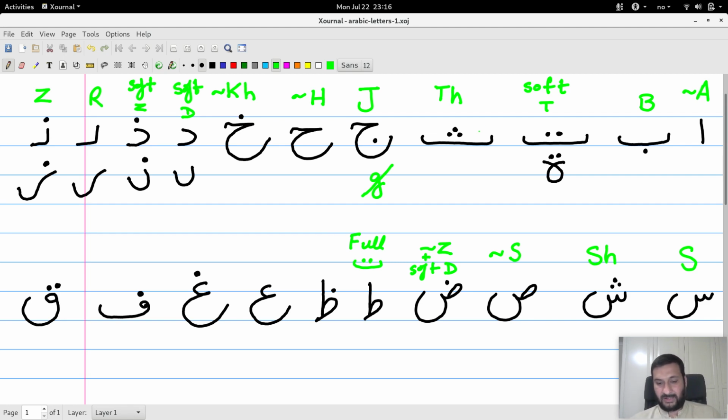Why did I not write T here? Because ta itself is soft T. Its equivalent is not there in English. It's there in French, as in a tooth, limon. So that ta, and this ta is a full ta. So it's a full sound.